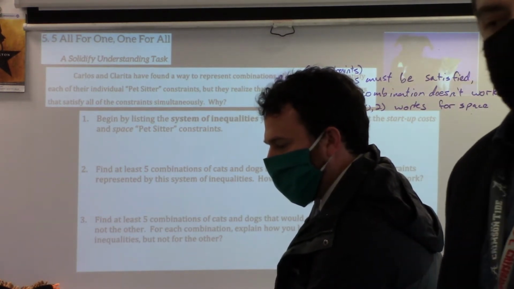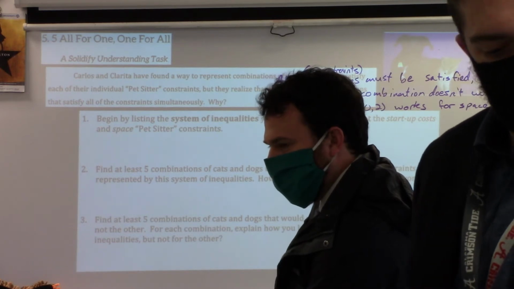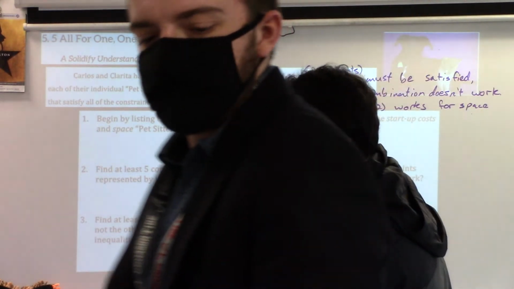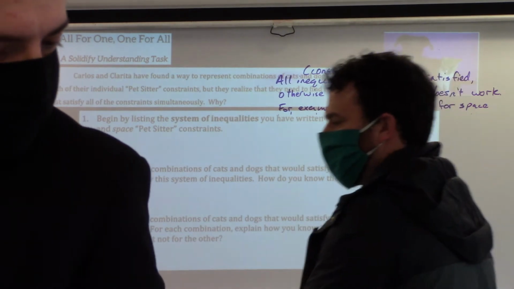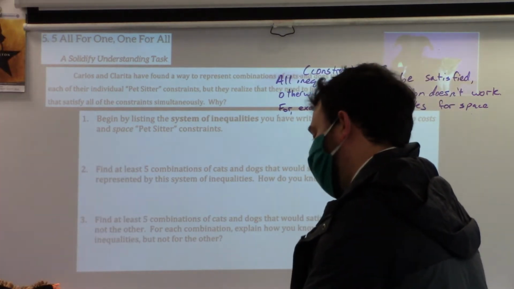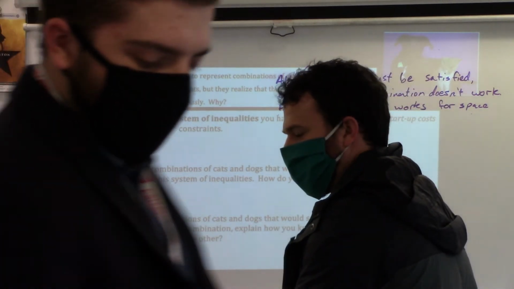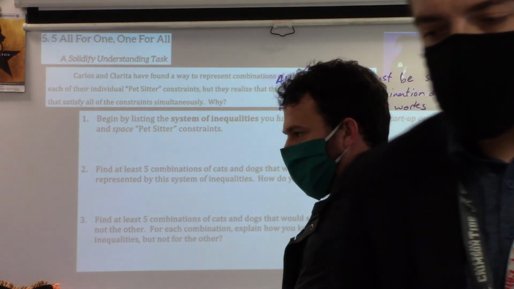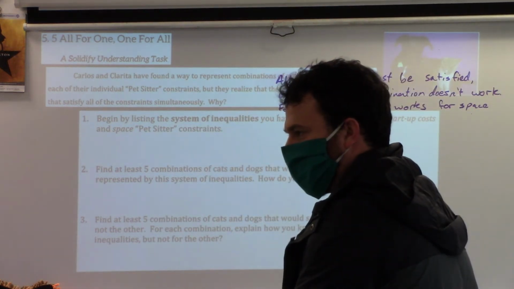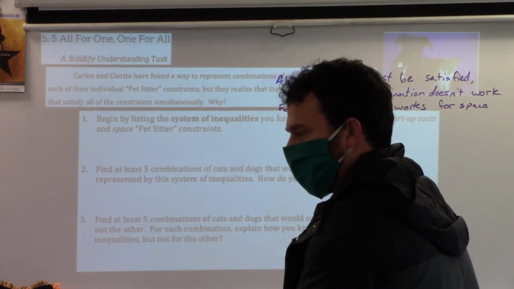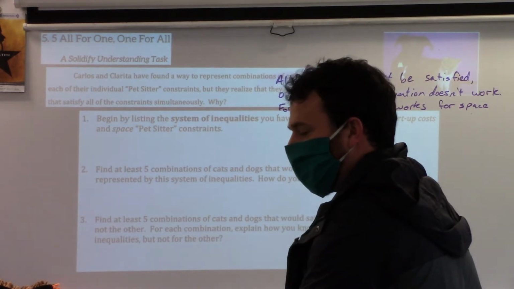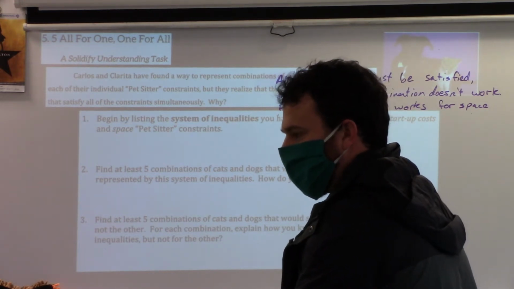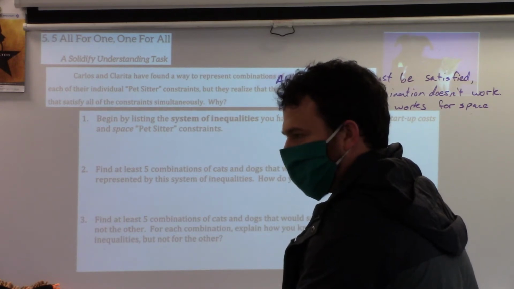Jaden, where'd you come up with that? Where'd you come up with that inequality? There you go. A system is a set of parts. So you put a bracket around the whole thing. Yeah, so we're going to write the 2 inequalities first. How did you come up with 32x plus 80y is less than or equal to 1280?